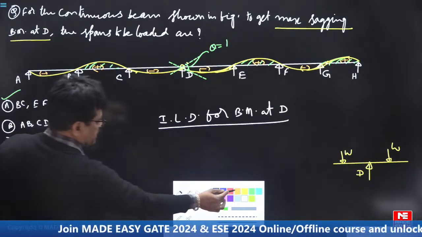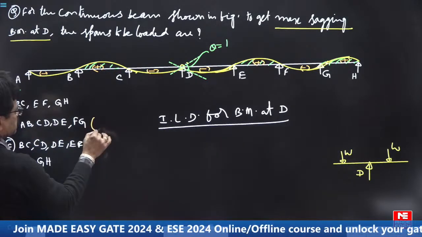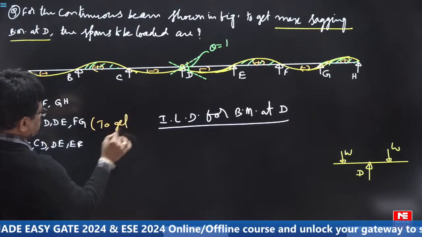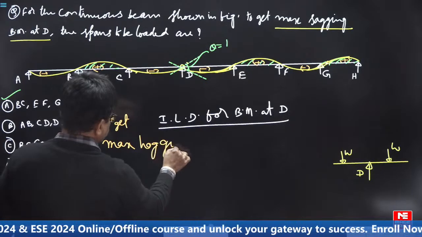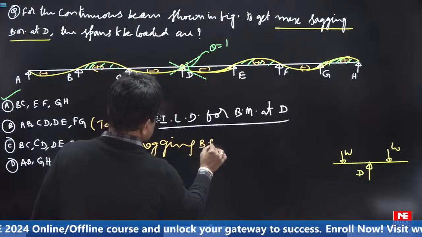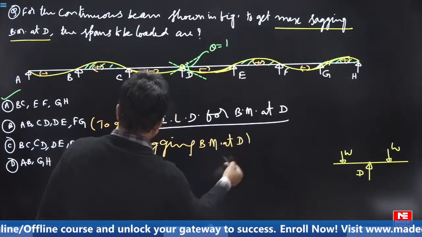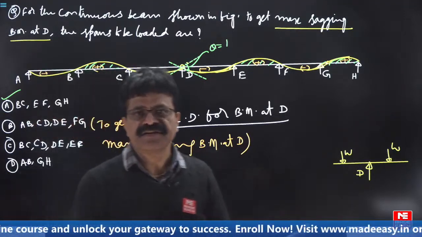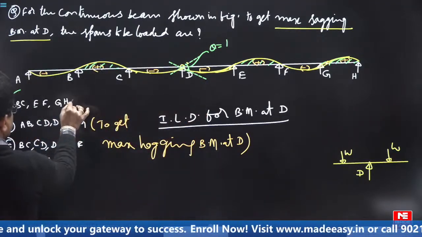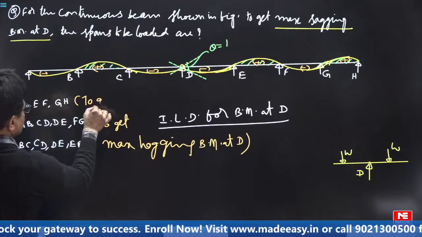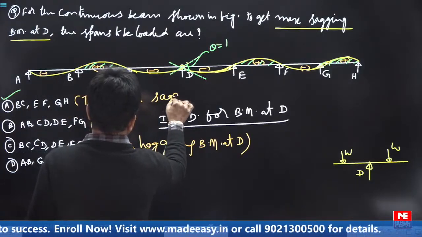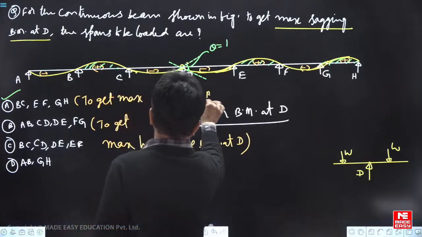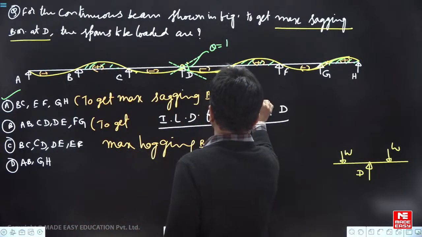So this one is to get maximum hogging bending moment at D, because in the exam we don't know whether they will ask you to get maximum sagging or hogging. This is to get maximum sagging bending moment at D.